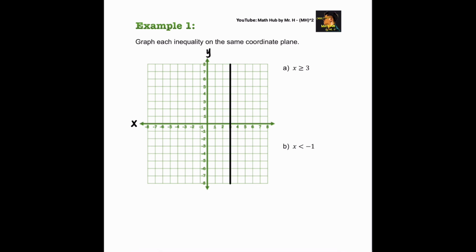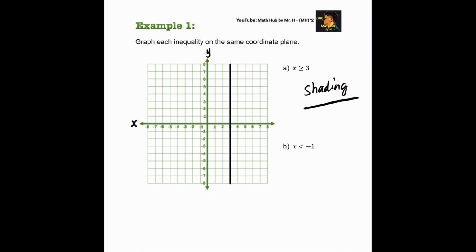After drawing the line graph, this is where the extra step kicks in, which is the shading part. So you need to identify which region of the graph needs to be shaded, because that shaded region tells us that all the points that lie inside the shaded region are the solutions to the given inequality.